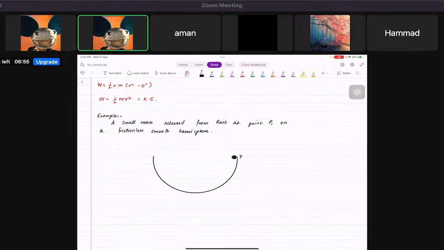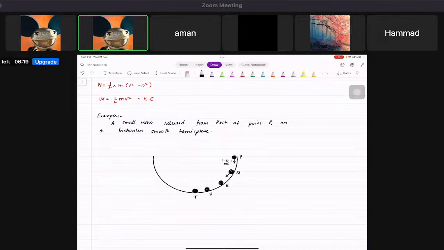P, Q, R, S and T. And they've given the velocities as well. So in here, its velocity is 1.0 meters per second.